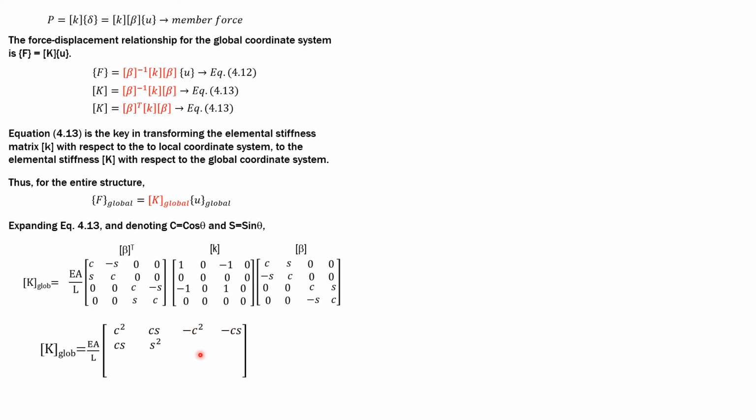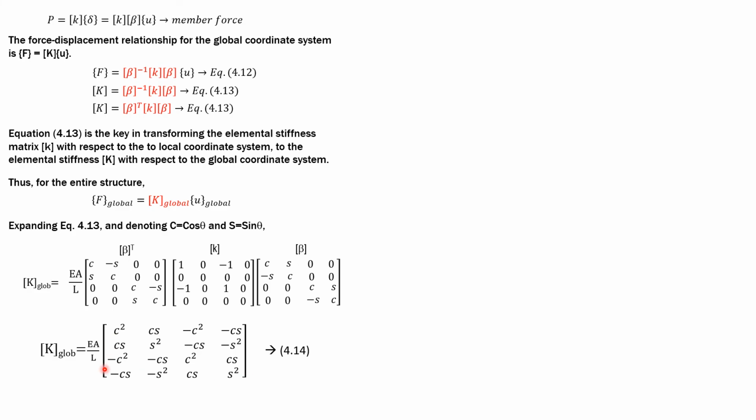Then the whole of this would be the negative of these elements. Negative C square, negative CS, negative of CS, negative of S square. Then this is copied in this position here. They're the same. And the 4 by 4 matrix in this portion is also copied in this portion. So it's very easy to remember.